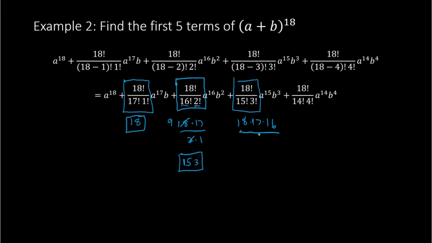So you're left with a 3 factorial, or 3 times 2 times 1. All right, so then from here, you can simplify. And when you simplify, and you multiply all that together and divide, you're going to get your number, which would be 816. So this term would have a coefficient of 816.